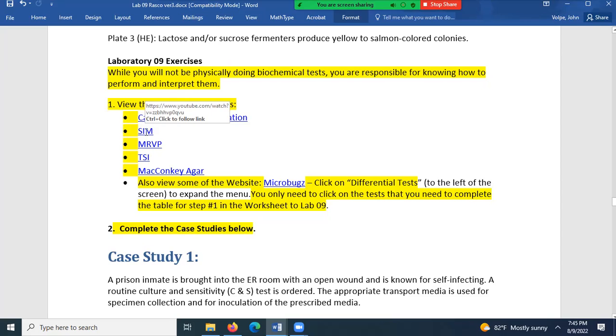We have a little video clip on the SIM test, a little clip on the MR and VP tests, a little video clip on the TSI or triple sugar iron test, and a little video on the MacConkey's agar test. You also need to view some of the website Microbuzz.